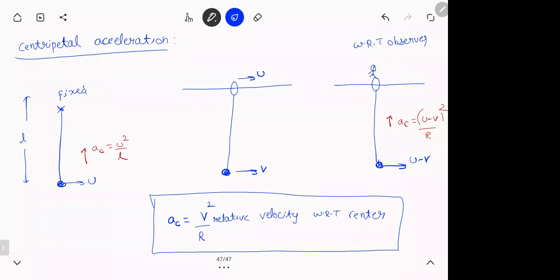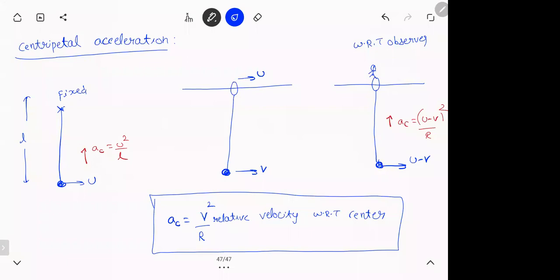Just do this, 1 minute. Put it up. Put this down. Copy.